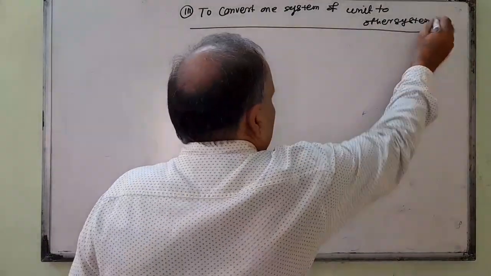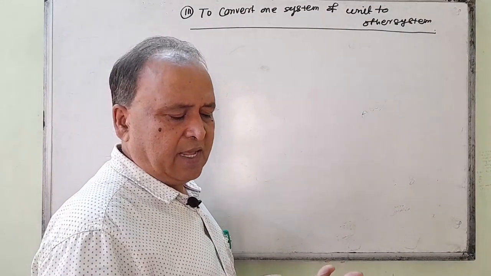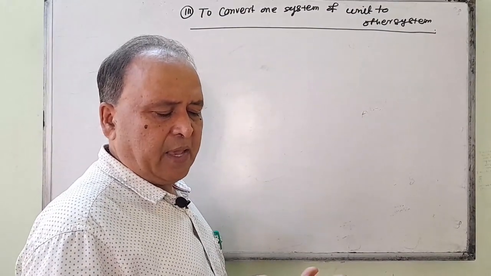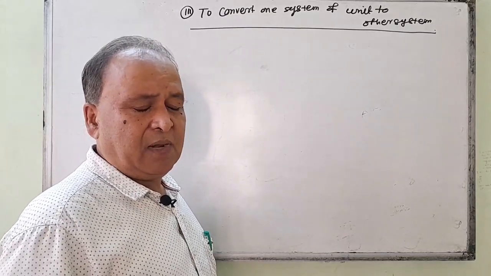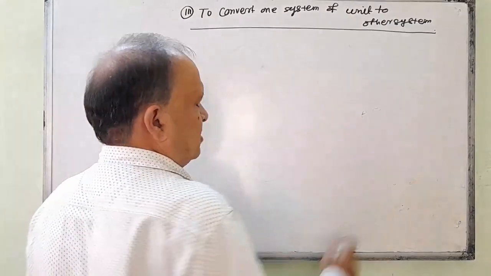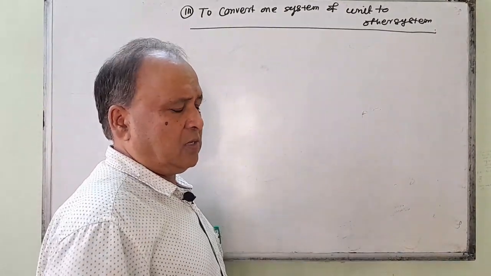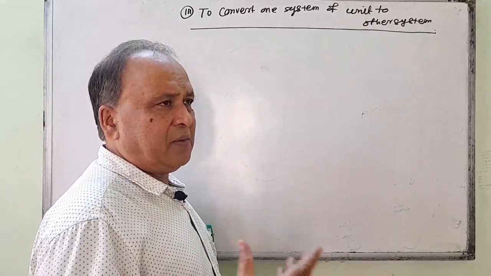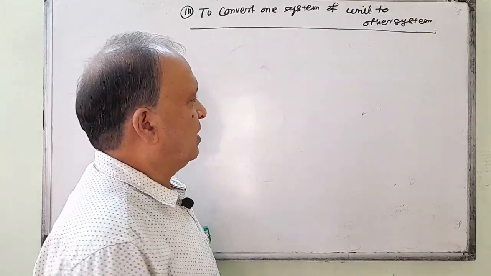We know there are different types of systems of unit like CGS system, MKS system, FPS system, SI system like this. Now, how do we convert one system of unit to other system? That means, suppose we are given MKS, we convert them into CGS and vice versa.